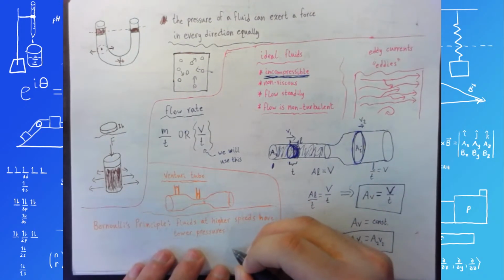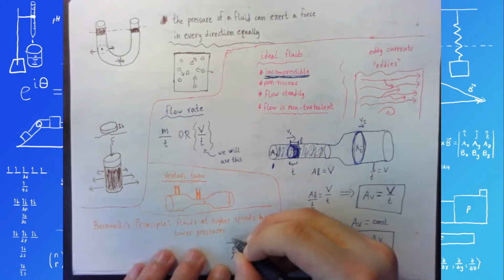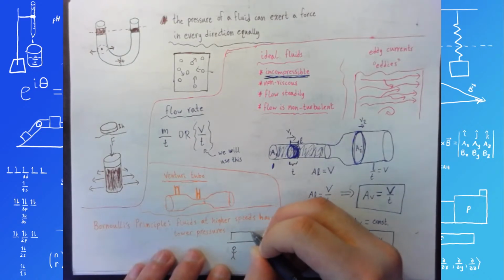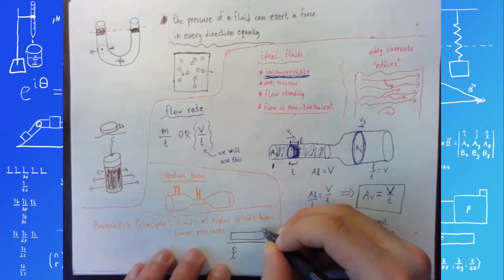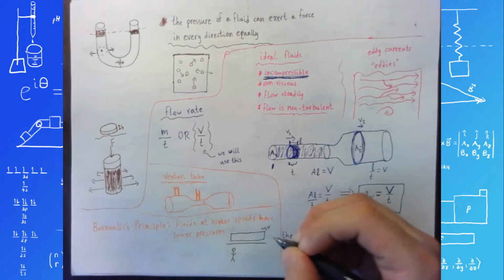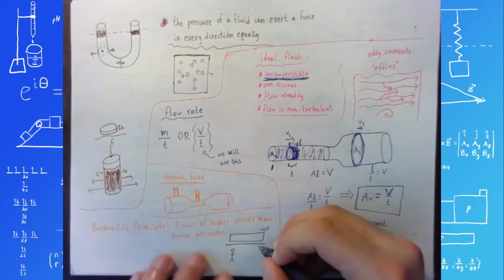If I were to illustrate the train platform, you've got this train moving really fast, and the air around it also moving really fast.